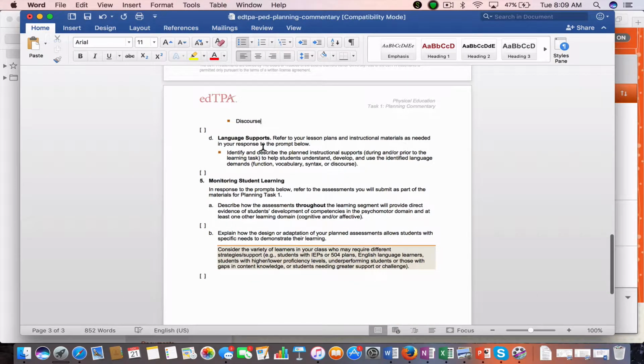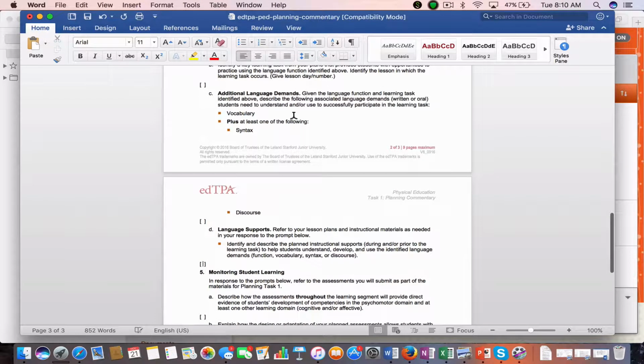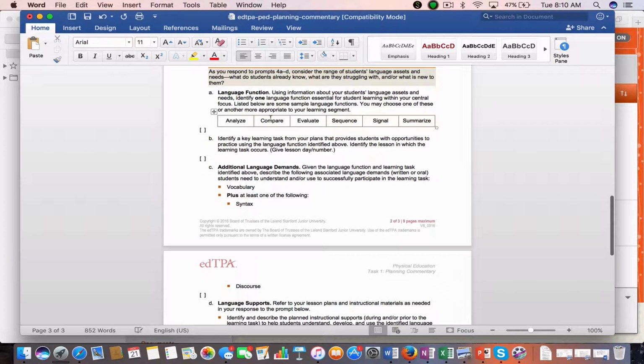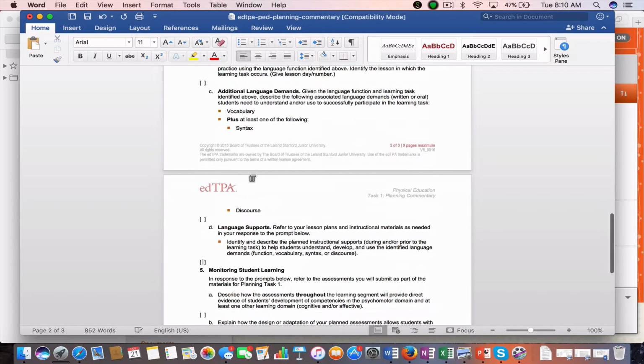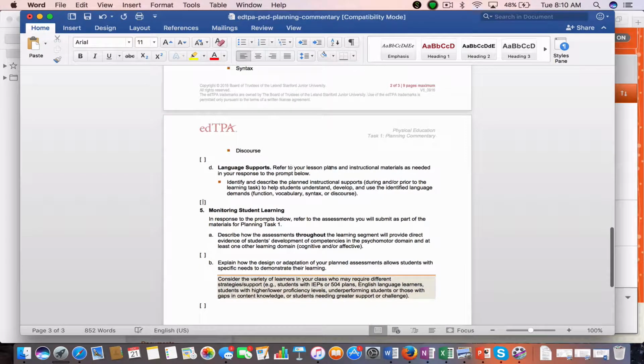And then D is where you're going to write in your language supports. Again, we spent some time talking about this in class, and you've drafted it out a couple of times. In terms of not only the one lesson you're writing about for B, C, but now they're asking you to refer to your lesson plans.